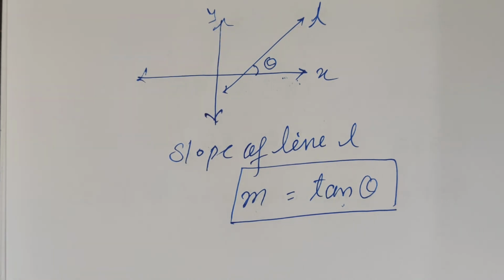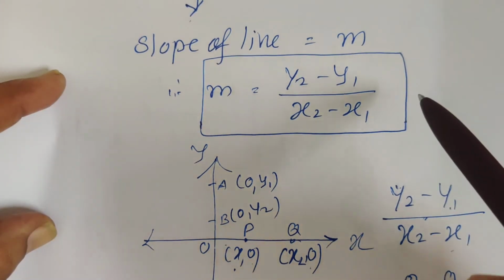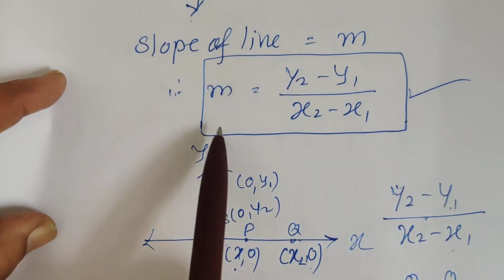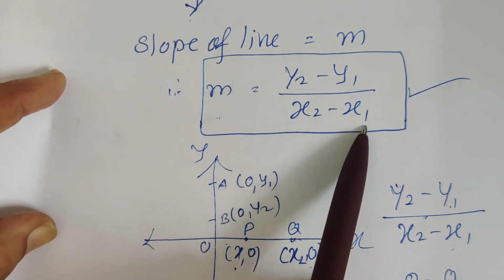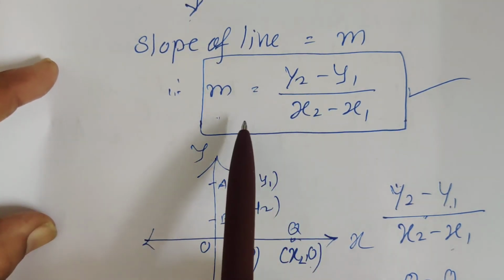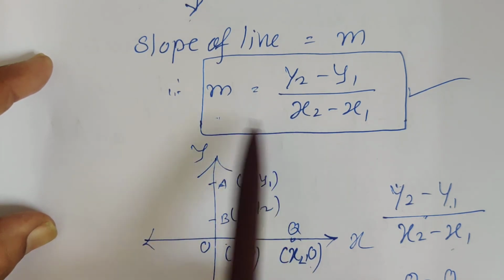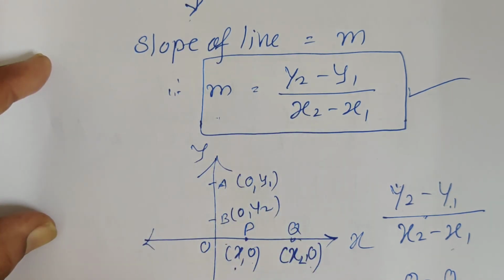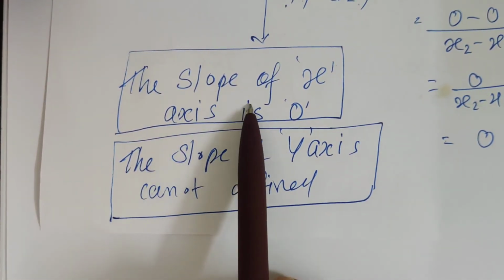What we learned, the formula of the slope is important for us. Slope is equal to y2 minus y1 upon x2 minus x1. We can find out the slope of any line with the help of this formula when the coordinates of 2 points are given. Then you should know the slope of x-axis. X-axis is also a line.